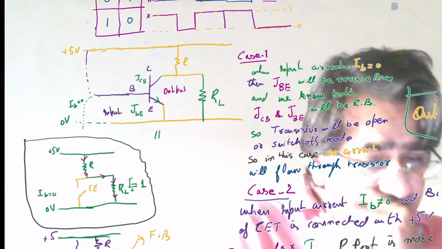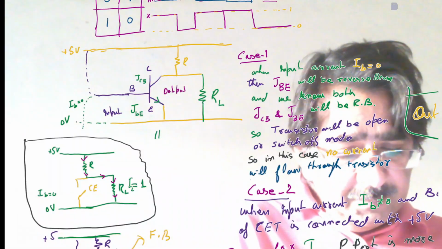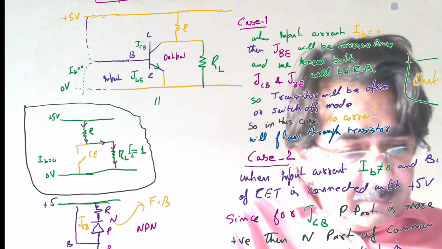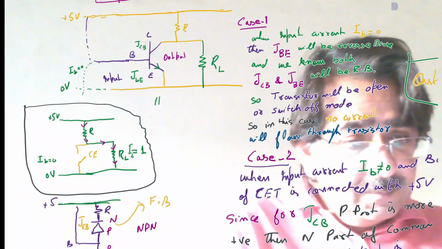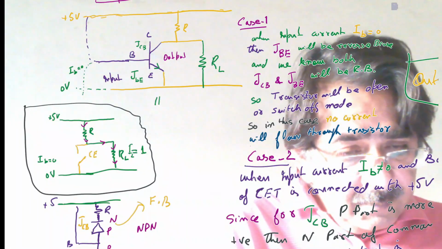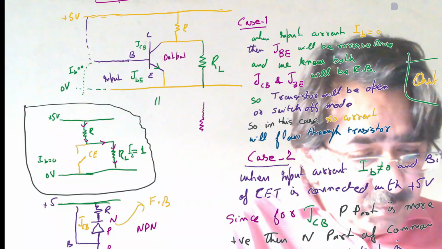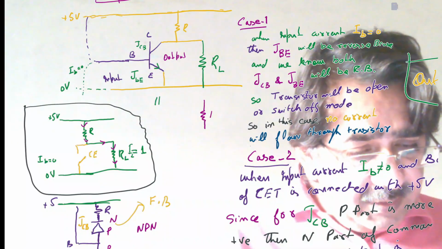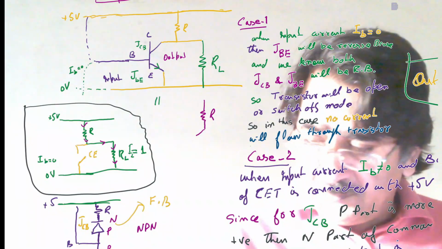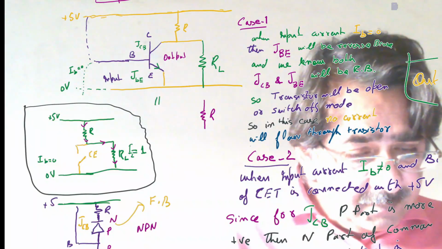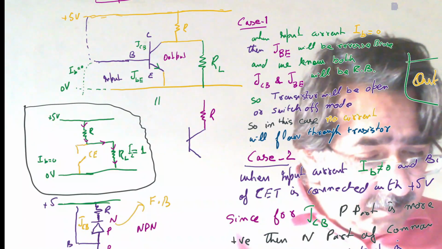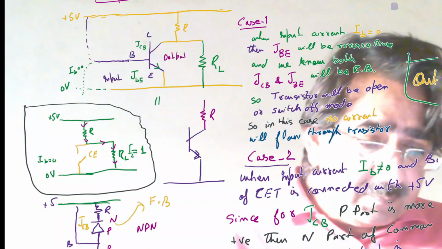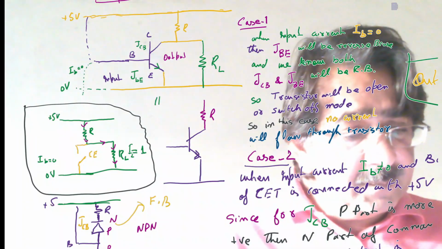If I draw the circuit, current will pass through the load resistance, then the transistor in this case.